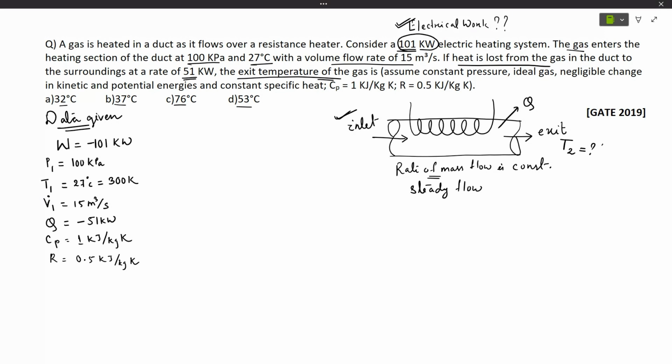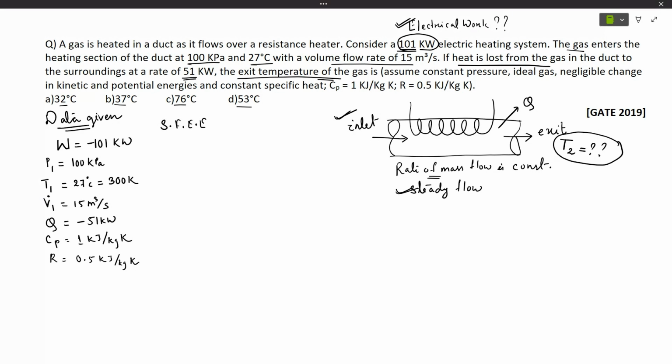This T2 we have to find out for this question. Now the question arises: which principle or formula are we going to use here? As we discussed earlier, this is a case of steady flow, so we are going to use the steady flow energy equation.